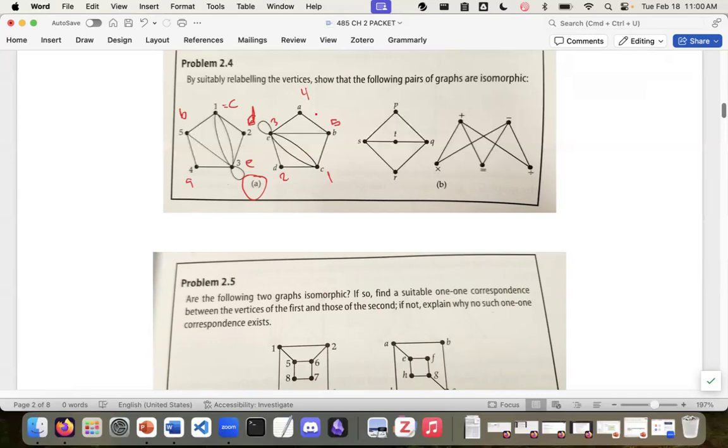Why? Or does anybody else have an idea? Go for it. They're connected to different vertices. So A is connected with 5 and 3. And then D, 2, is connected to 1.